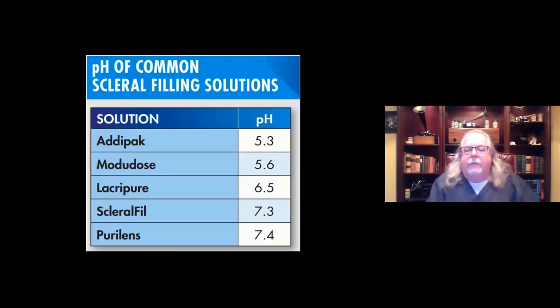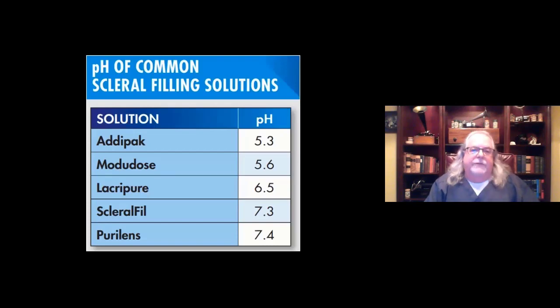This is a study we performed at Pacific University where we measured the pH of many of these salines, or the ones that were available at the time of the study. And you can see many of them are very near that physiologic pH of around 7.0.